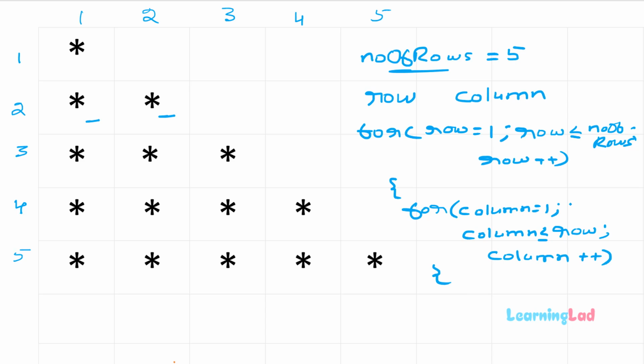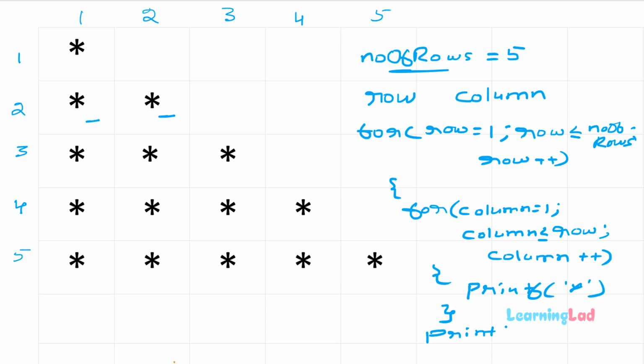Alright, now the next thing that we want to do is print the character. Here in this pattern we are printing the star, so we're gonna print out the star here in the inner for loop. Now after printing a particular row we need to take the output to the next line, and that's why after every row's execution we want to add a new line.